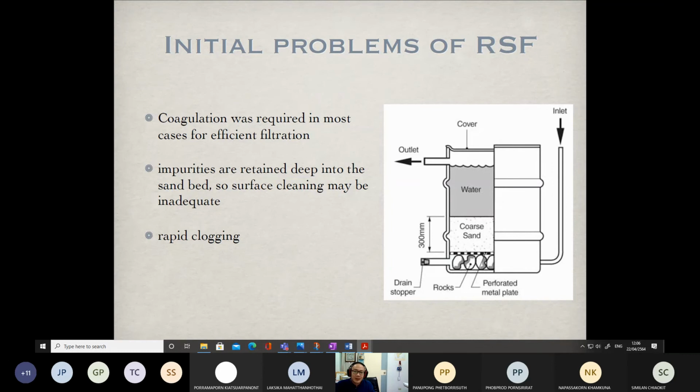As I mentioned, when we put something inside the waterway, channels, or it could be a pipe, it means that the cross-sectional area gets reduced, and if water is flowing through the smaller area, the velocity will increase, and of course the head loss will also increase.